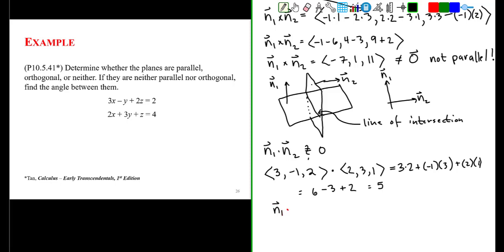Well, the dot product between these two normal vectors does not equal 0. That means the planes are not orthogonal. So we'll say, therefore, not orthogonal.